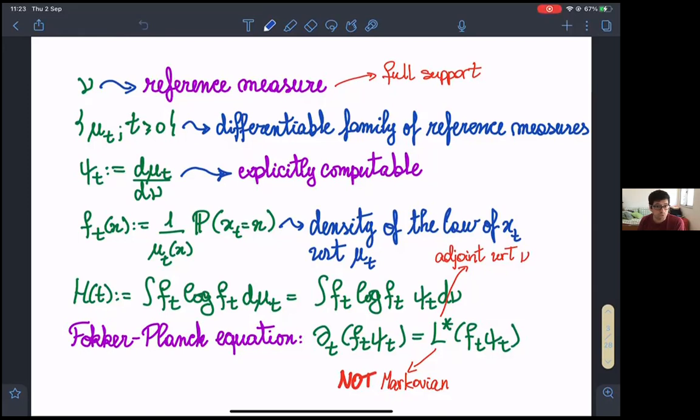And we have to observe that unless nu is the invariant measure of our Markov chain, the operator L star is not going to be a Markovian operator. In particular, L star of a constant is not equal to 0. And this is something we have to remember, because it's going to appear in a few lines.